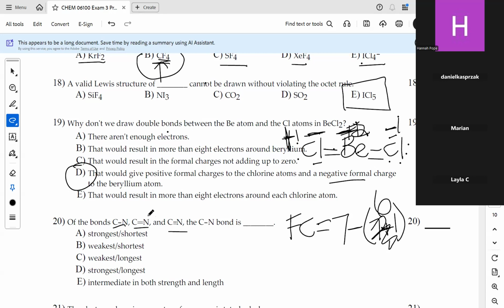Double bonds are somewhere in the middle for both strength and length, because they have 2 sets of electrons now overlapping, so they get a little tighter, a little closer. And then the triple bond is the tightest and the strongest, so the shortest and the strongest. So if we're asked about the single bond here, it will be the weakest and the longest. That's just kind of memorization, but you can rationalize it with how many pairs of electrons are being shared.